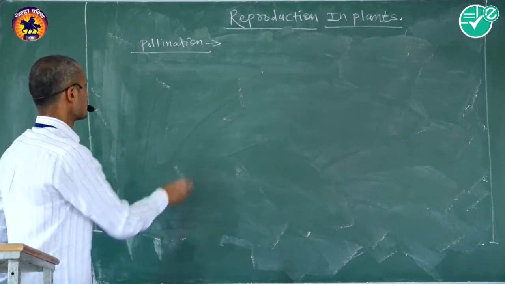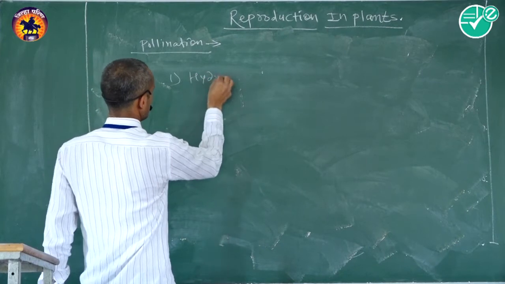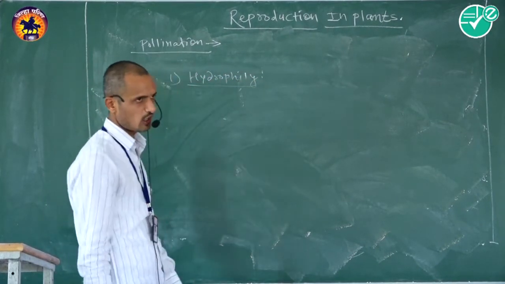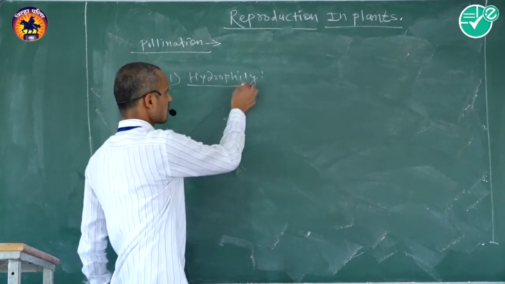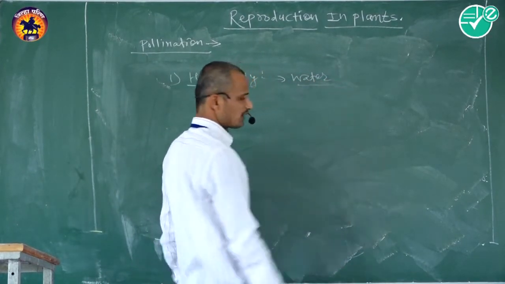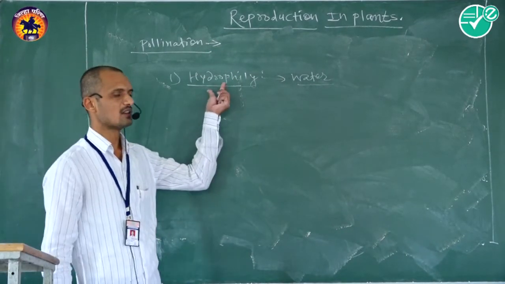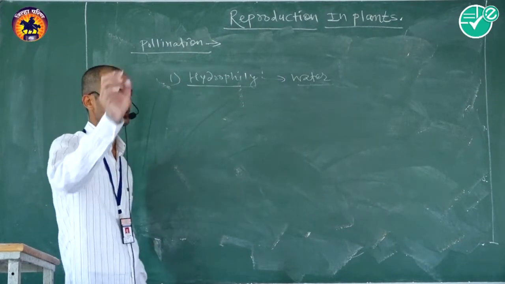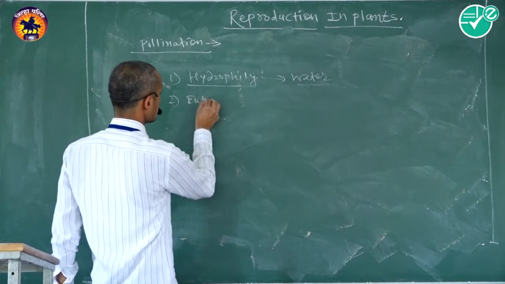First one is hydrophilous pollination, and the phenomenon is known as hydrophily. The pollinating agent, that is water, is required to transport pollen grain from anther to the respective stigma, that is called hydrophilous pollination. Second one is entomophily.